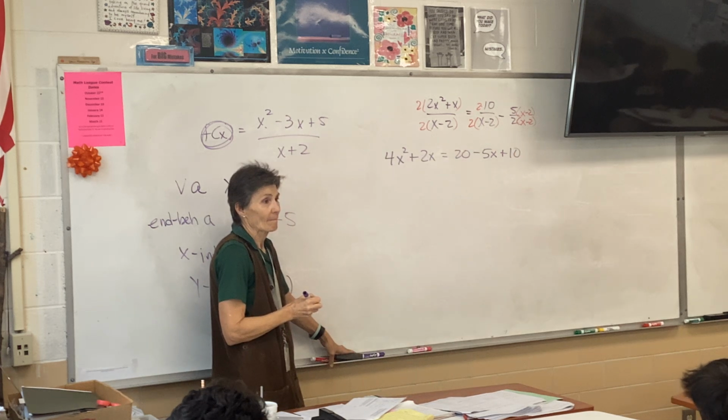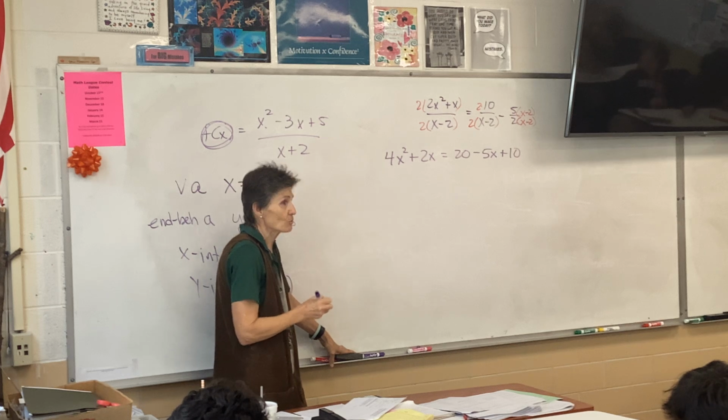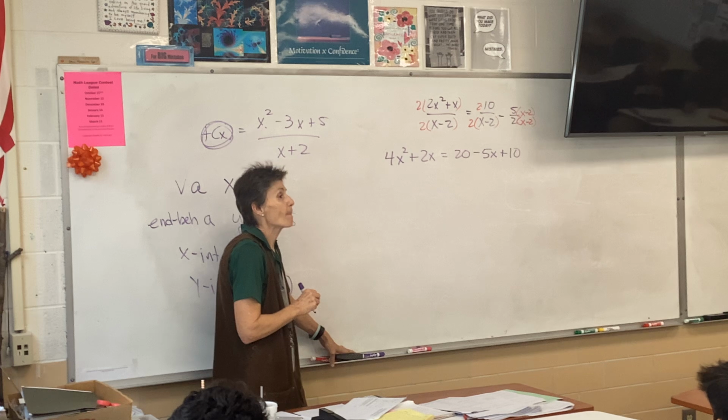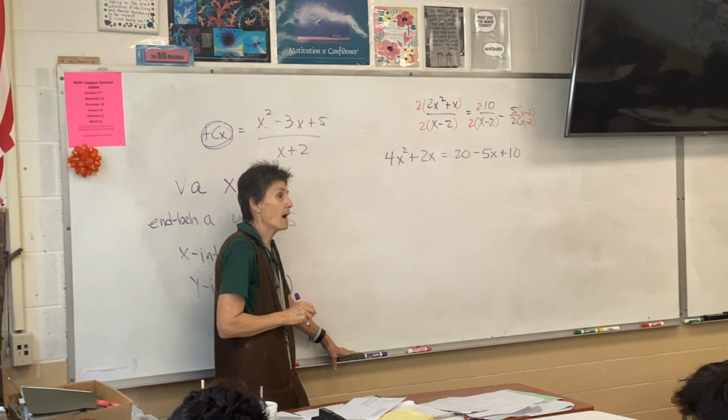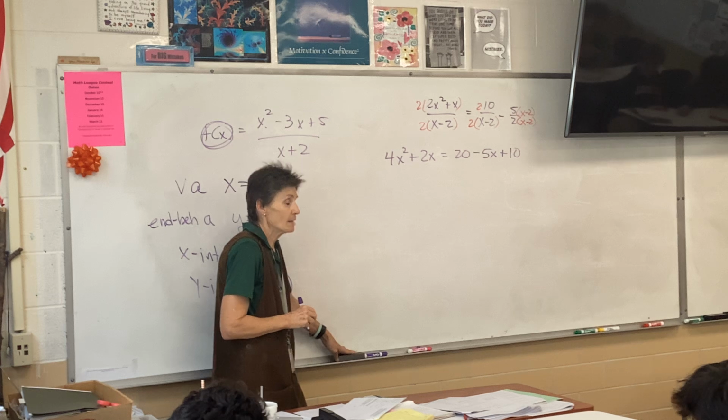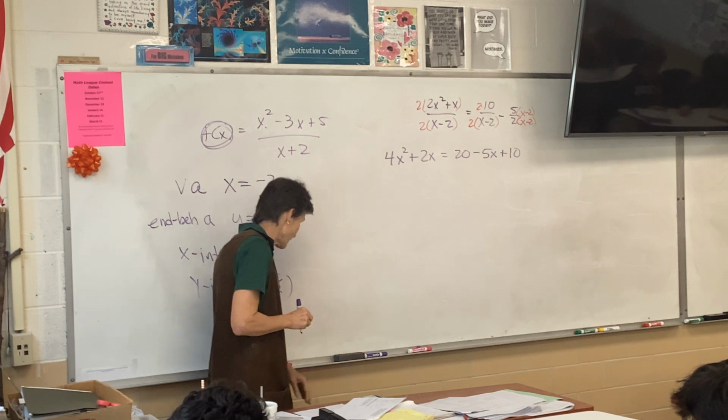The denominators are gone. So when we make all the denominators equal, can we cancel them out? Yep. In an equation, yeah, not in an inequality, but in an equation, yeah.